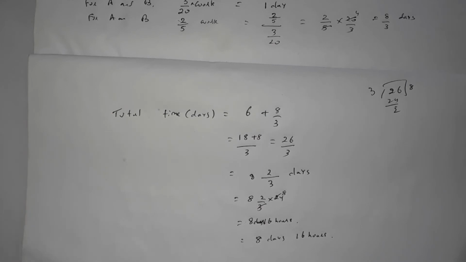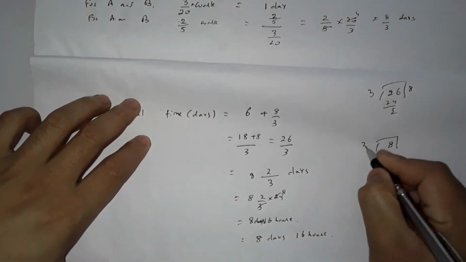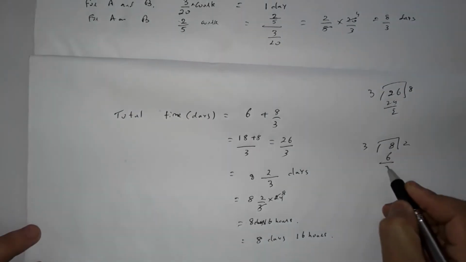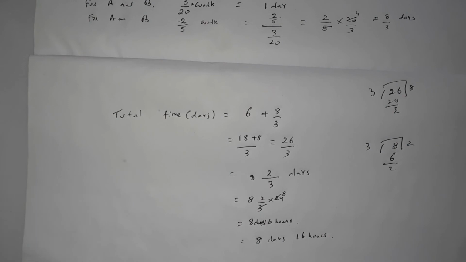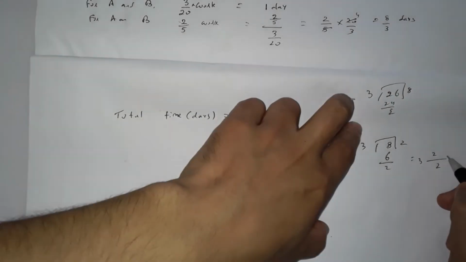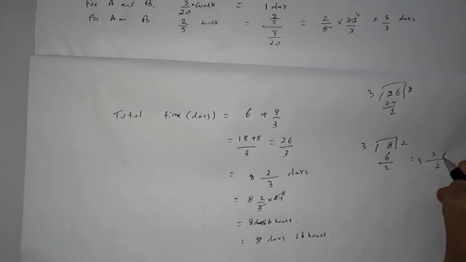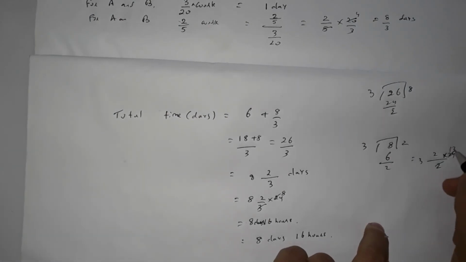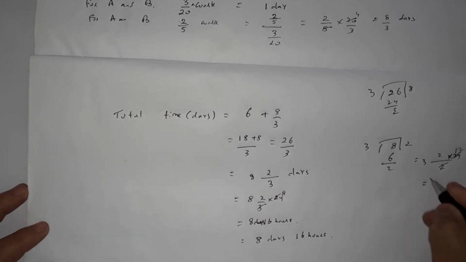That means 2 days and 16 hours. 8 by 3, 3 twos are 6, remainder 2. So 2 by 3 into 24 hours.